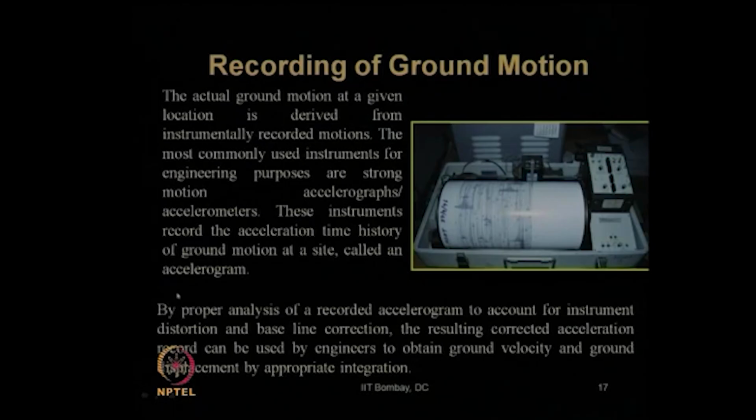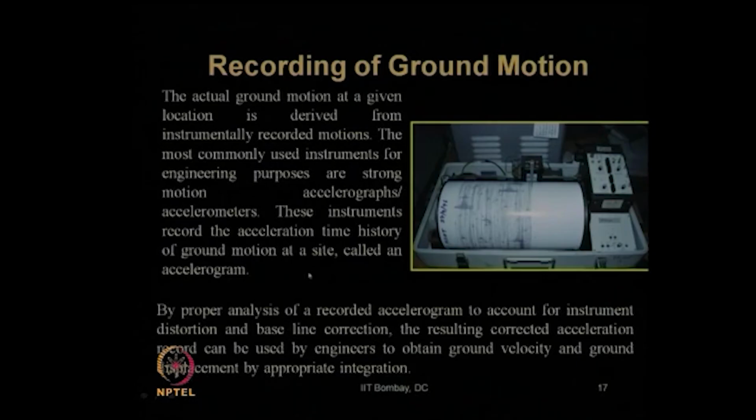These are called accelerograms. So, by proper analysis of a recorded accelerogram to account for instrument distortion and the baseline correction, the resulting corrected acceleration record can be used by engineers to obtain ground velocity and ground displacement by appropriate integration.